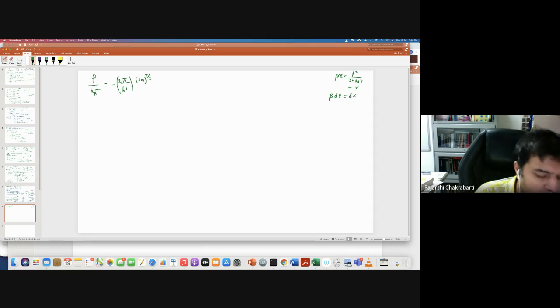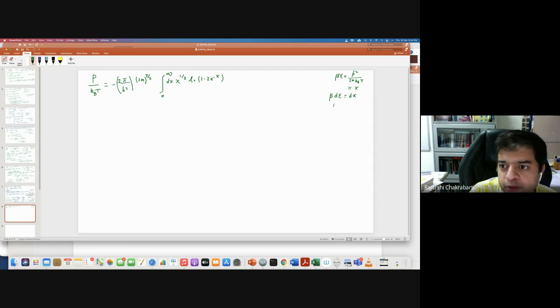Okay, so this will give you, if you do things properly, the epsilon to the half will become x to the power half ln(1 minus z e to the power of minus x). But then your dx becomes beta times d epsilon, isn't it?